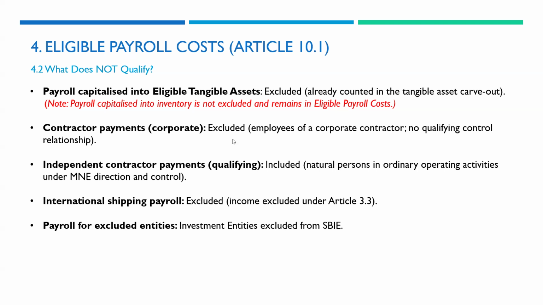Contractor payments. It's a very common thing in UAE where governments hire you, but they hire you through a contractor, or big companies also, where you are employed with an employee recruitment consultant. Your visa would be provided by them, but you work for another company that is a client of this recruitment consultant. So these are contractor payments.